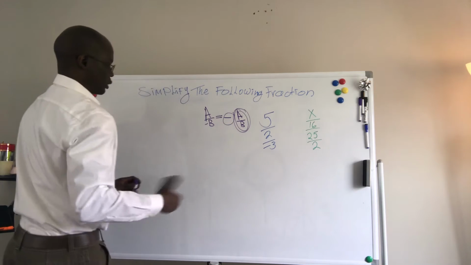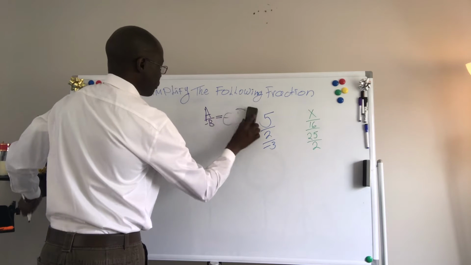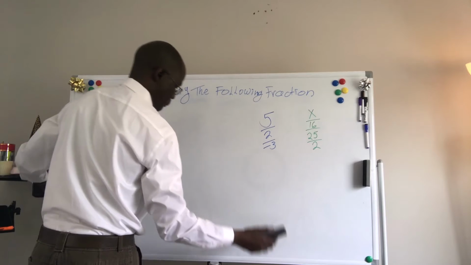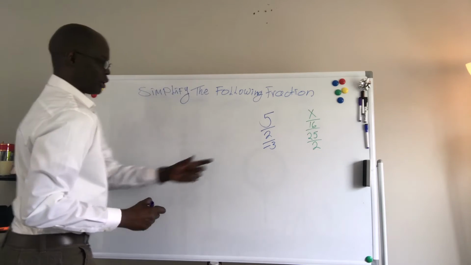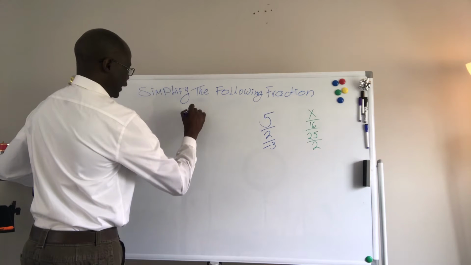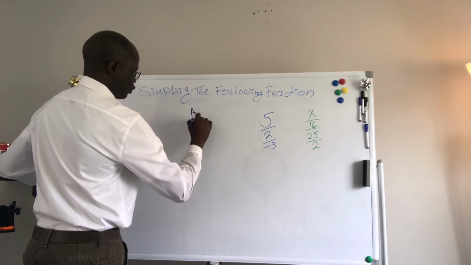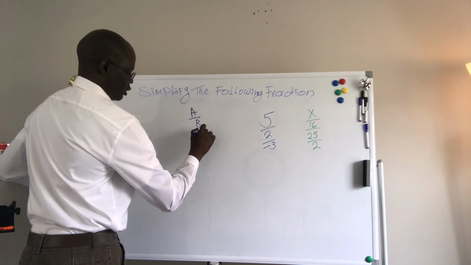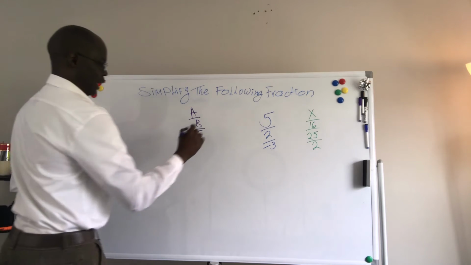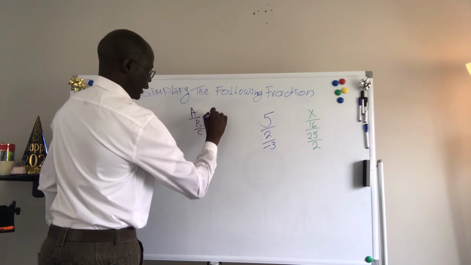In the complex fraction rules, the first one, what we have here is a divided by b divided by c. And the rule will look this way.